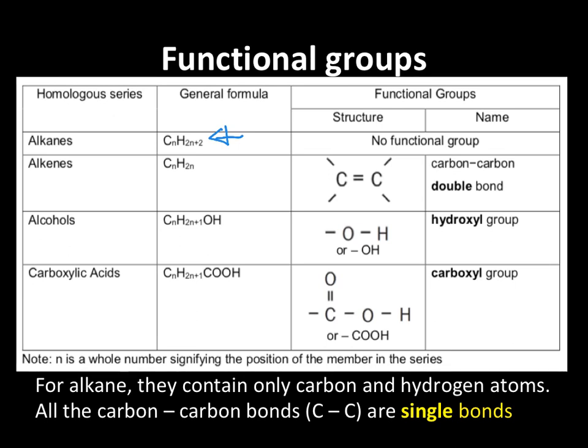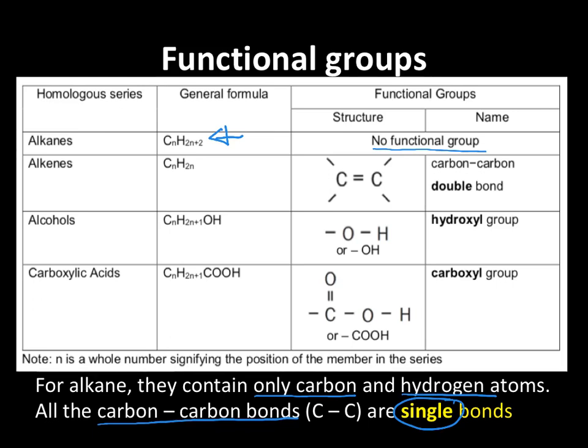Now you will realize that alkanes have no functional group. Alkanes contain only carbon and hydrogen atoms, and all the carbon bonds are single bonds. This is something that you need to take note of.